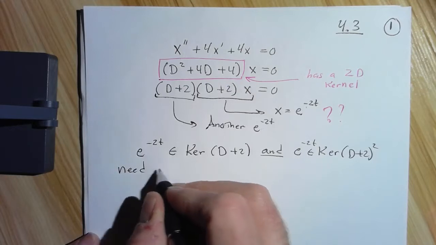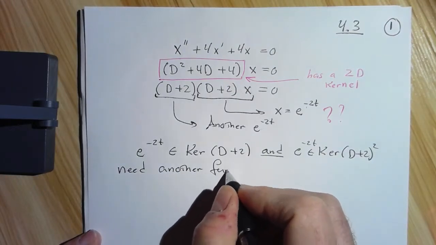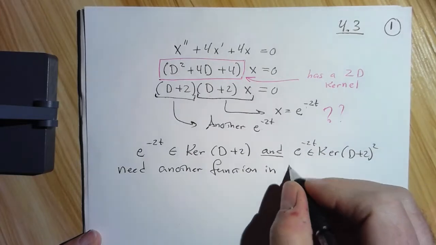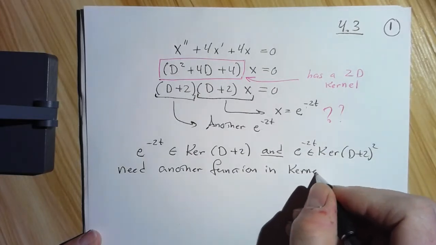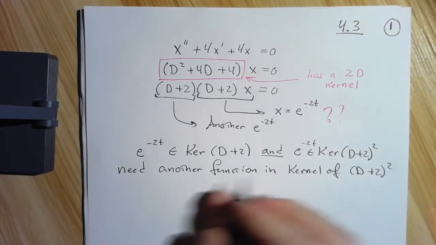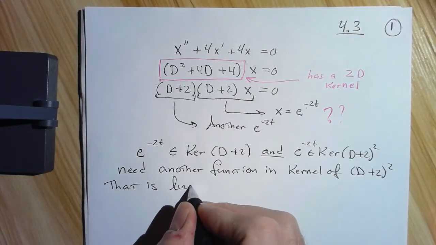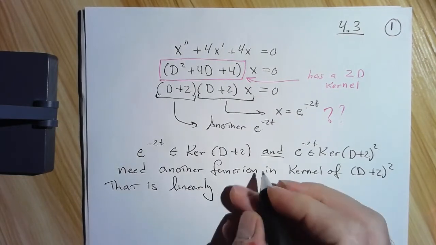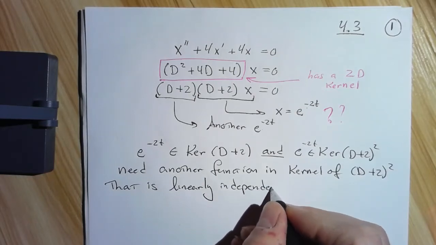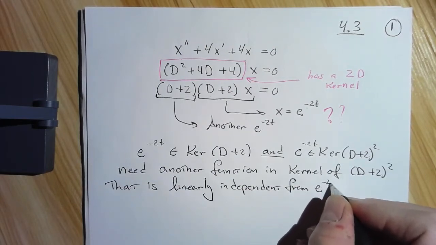So I need another function in the kernel of d plus 2 squared that is linearly independent from e to the minus 2t.